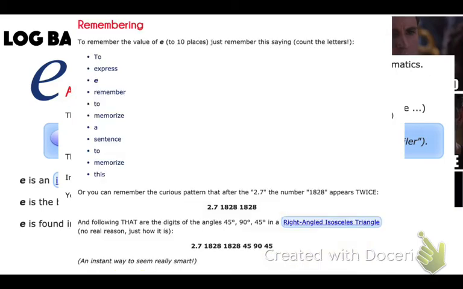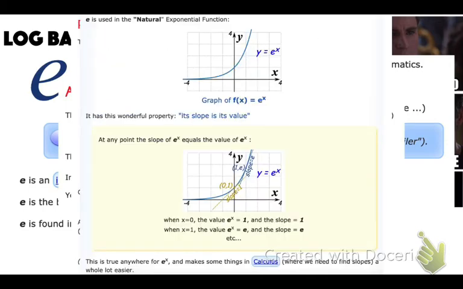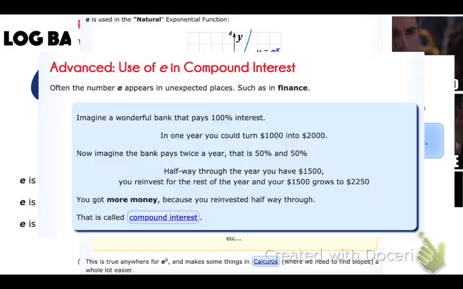Here's a way to remember e: its slope is always its value, which is cool. I know you're probably thinking this doesn't matter, but it appears in finance, like compound interest. I am recently investing in the stock market, and I have been completely blown away by compound interest and all this stuff. e pops up in finance everywhere, which is crazy.